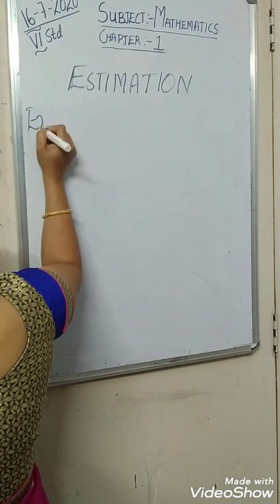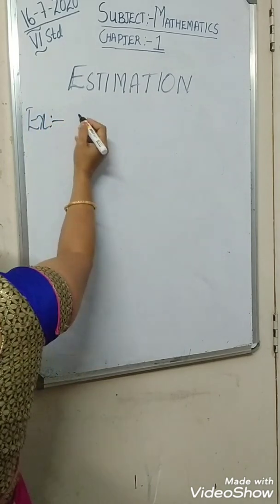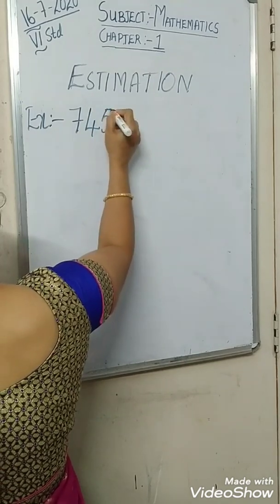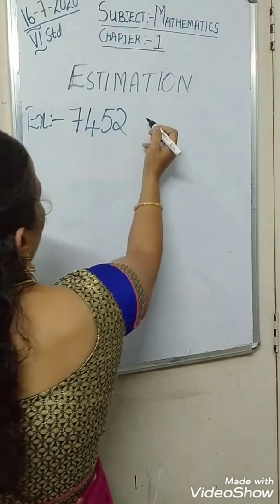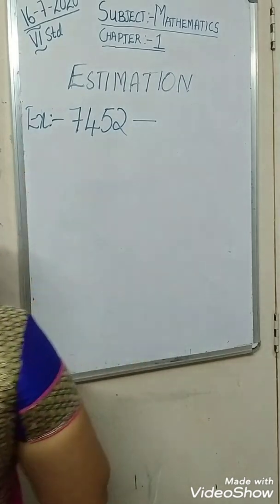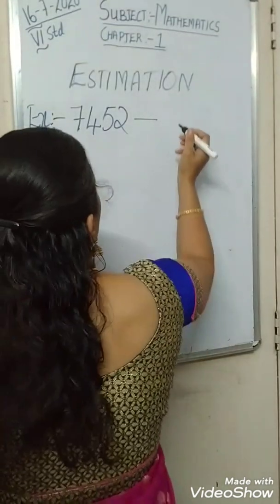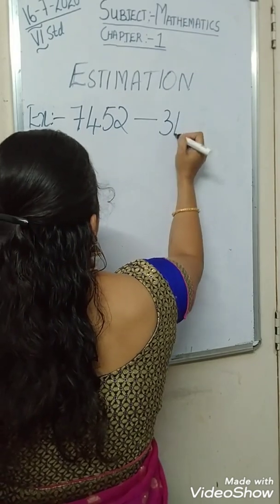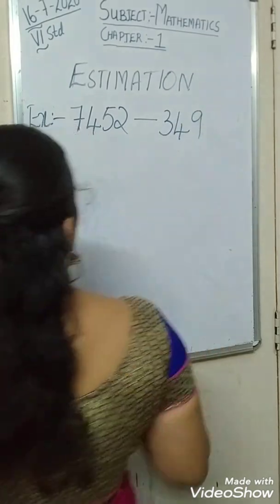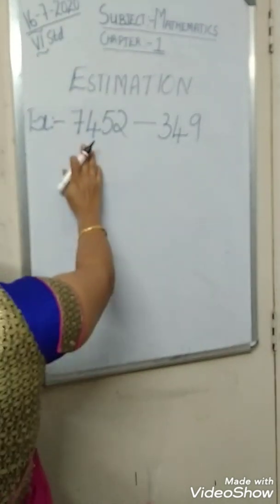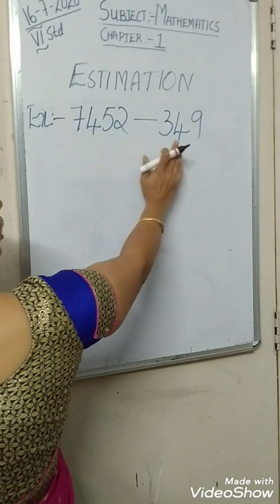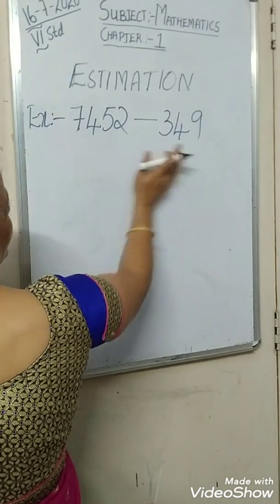Look here, example: 7452 is to be subtracted with 349. Here you can see that the number is 7452 and here it is 349.